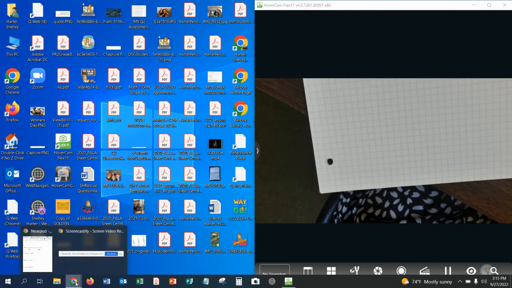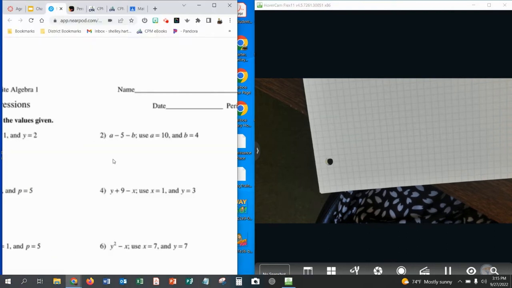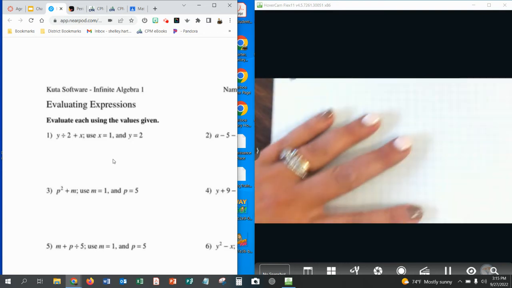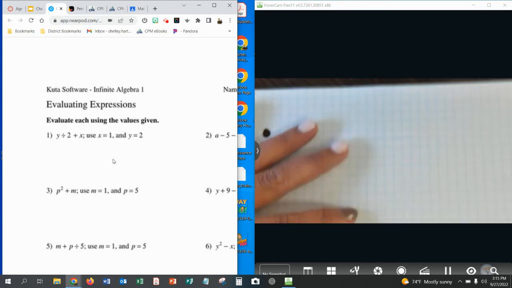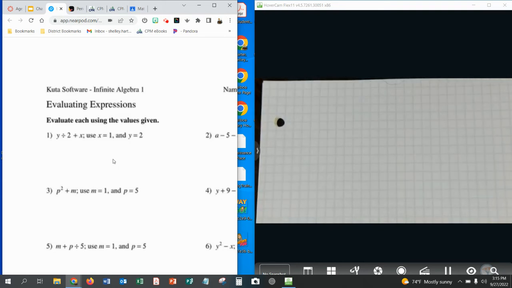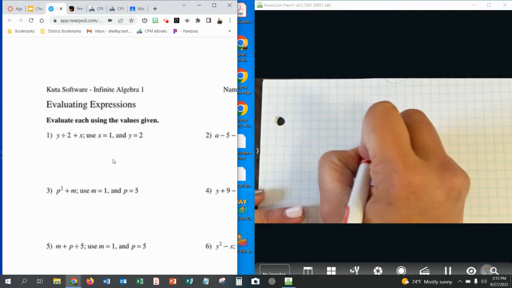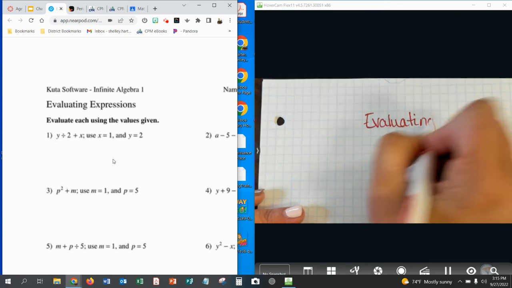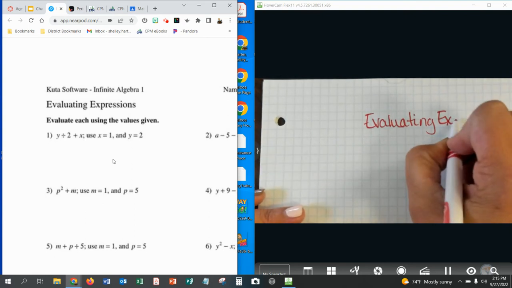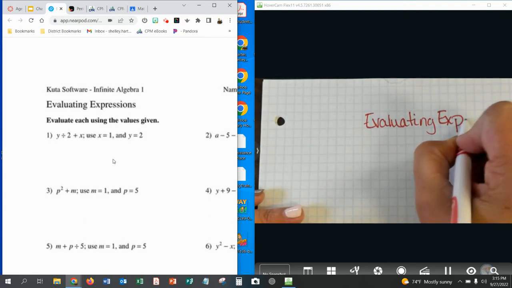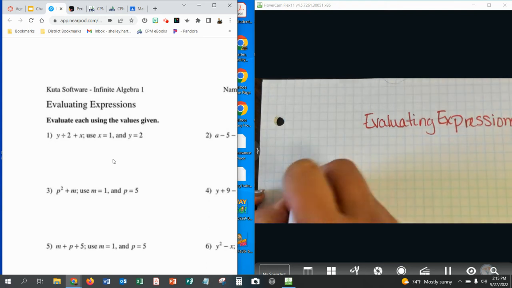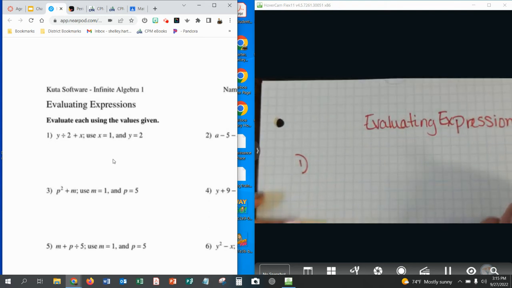All right, everybody. Here we are evaluating expressions. Remember, the difference in evaluating expressions is that when you evaluate, they've given you the answer. You just have to solve the rest of the equation.